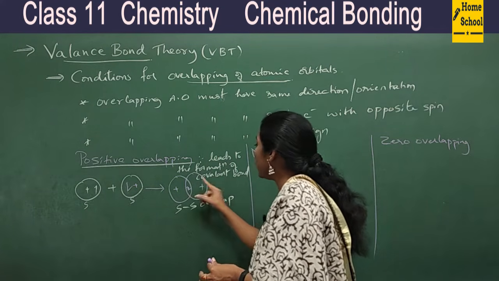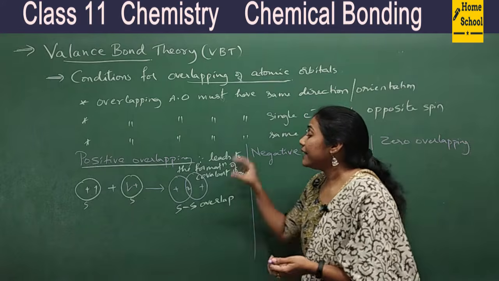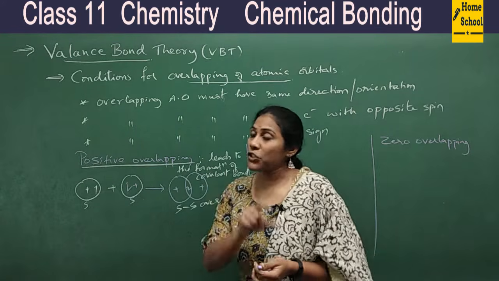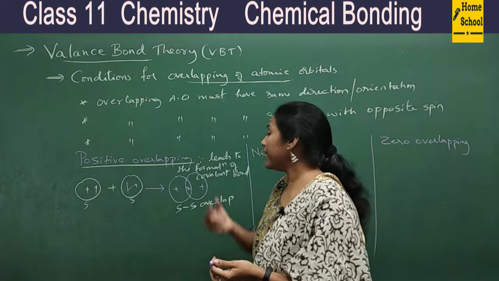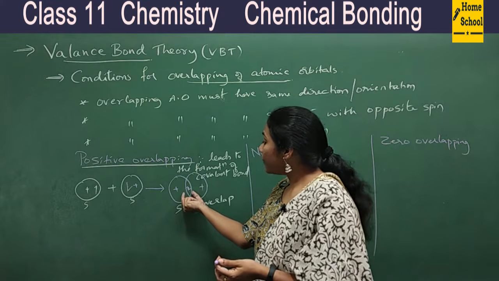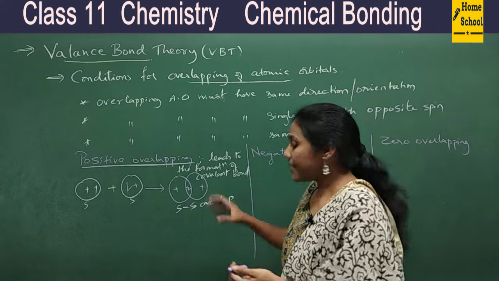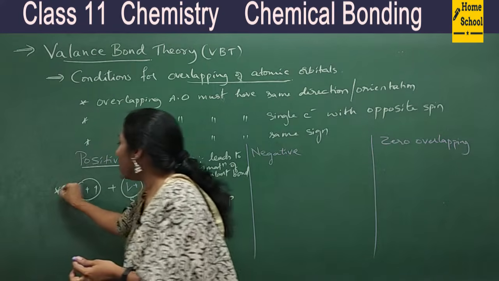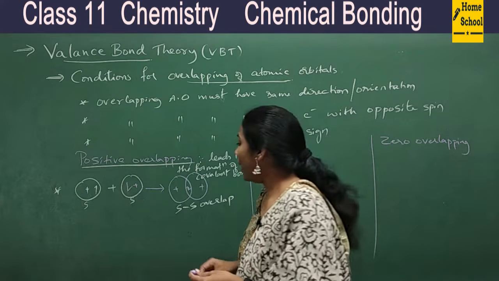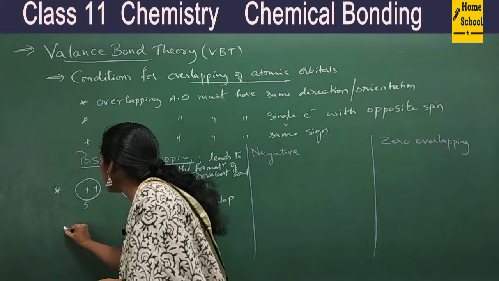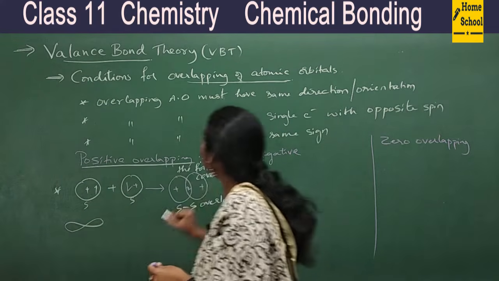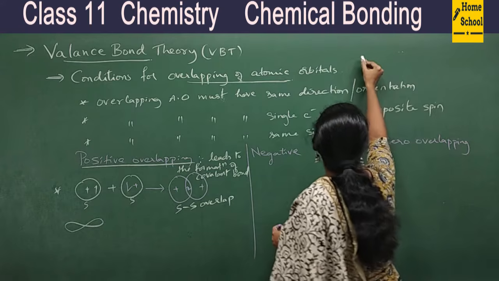Okay, and this is one of the positive overlappings and this can lead to the formation of a covalent bond, or a sharing of electrons. So this is one situation where we can show positive overlapping. And now, if p orbitals are overlapping, we know we have three orientations for p orbital.